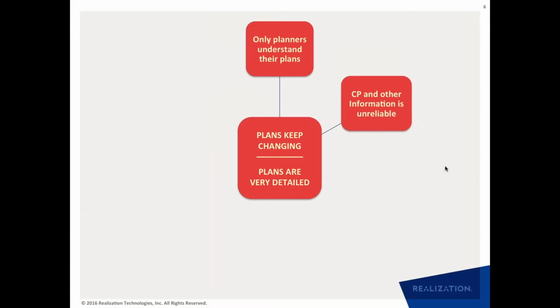And because the changes are constant in terms of the task durations, the dependencies, the sequence in which tasks are being executed, the critical path is changing all the time. So it's okay in a project if the critical path moves from one path to another.